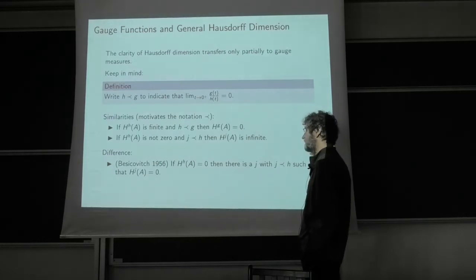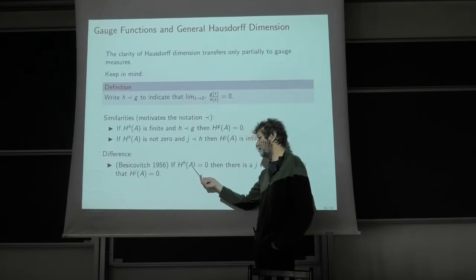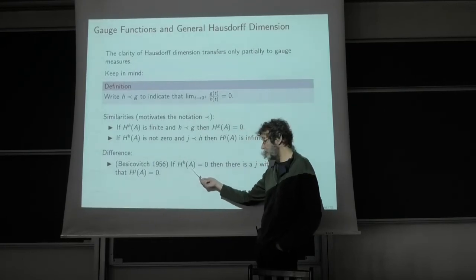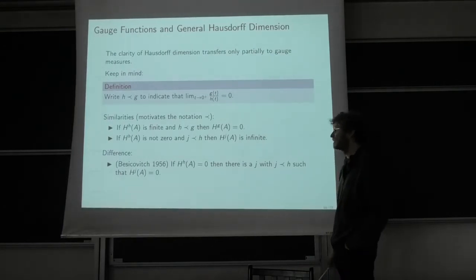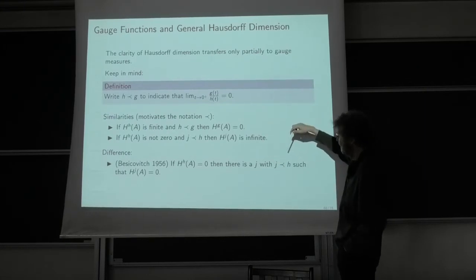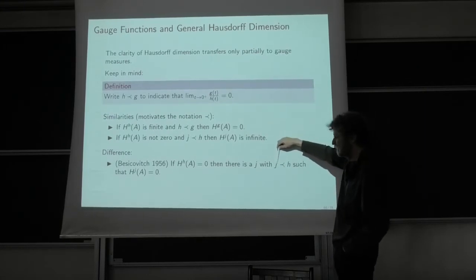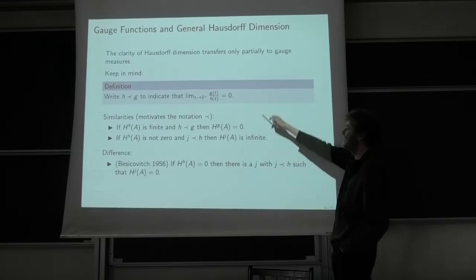Besicovitch showed that if a gauge function H says that A is null, then there is a J such that, so what does it mean for H to be greater than J in this sense? It means that J goes to 0. We got H, J. I should have used these same letters.